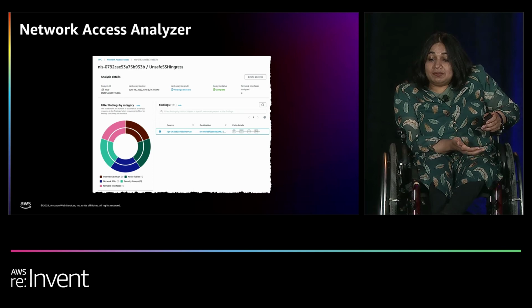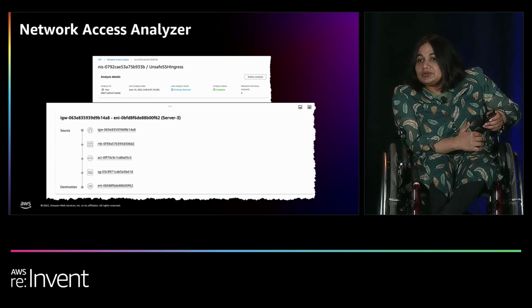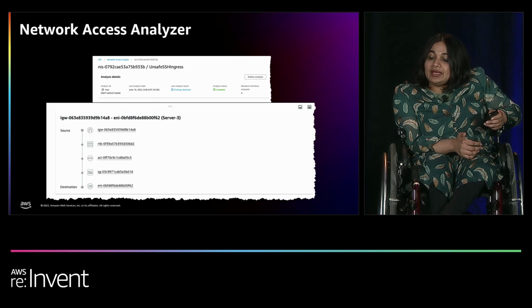So pulling up the details on the path, we see what hops it goes through, from the internet gateway, through the route table, to the access control list, the security group, and finally the network interface. Clearly, there is no firewall along this path.